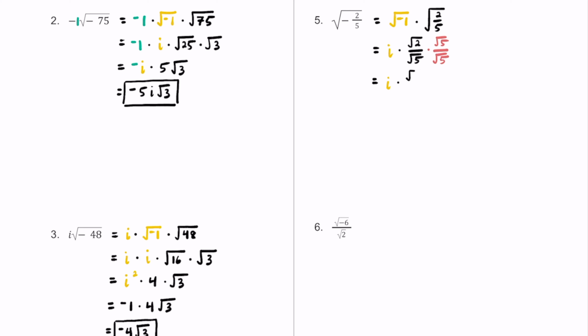And so 2 times 5 is 10, so that will be the square root of 10. And on the bottom here, the square root of 5 times the square root of 5 is just going to equal 5. And so we can go ahead and write that in the denominator. So at this point, we have a rational denominator, which is good. So we can write this as root 10 over 5 i. This would be the most simplified expression for this complex number.